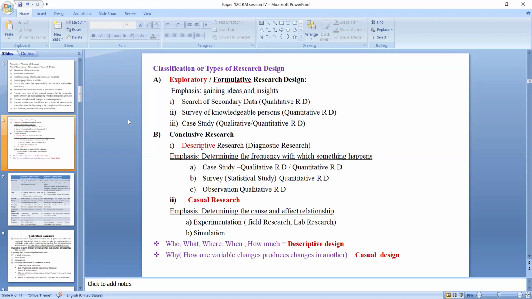So they are experts, correct? So we are talking about second point, survey of knowledgeable persons. So these are the knowledgeable persons because they have the knowledge in that particular area of research. Matlab concept of research. And therefore we call them knowledgeable persons and experts.